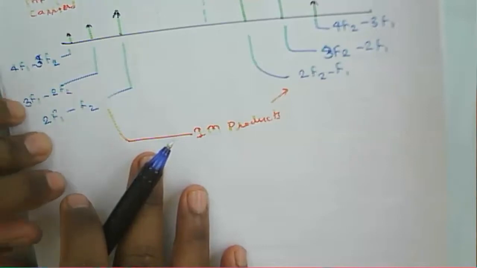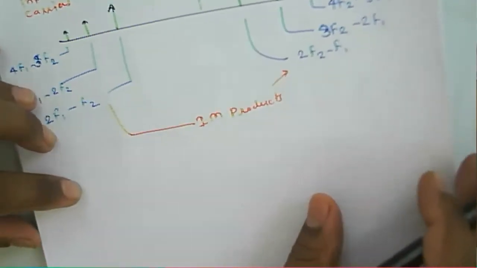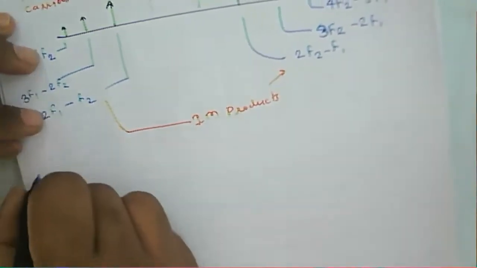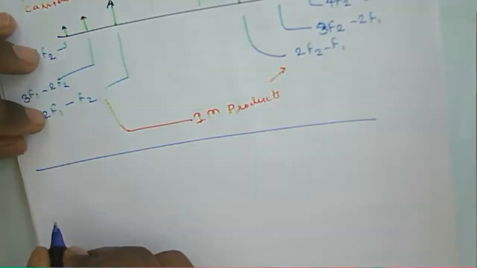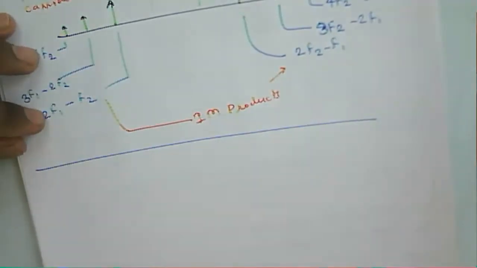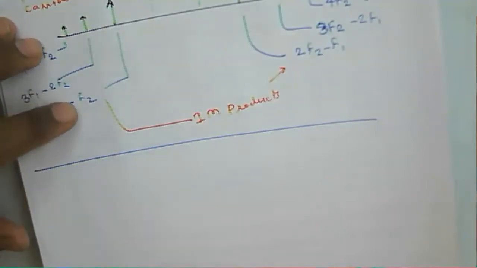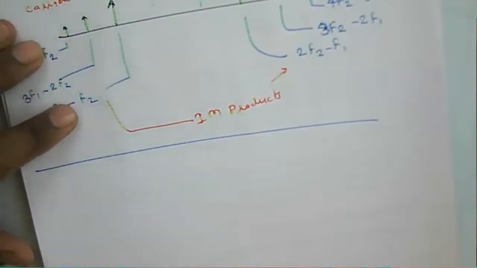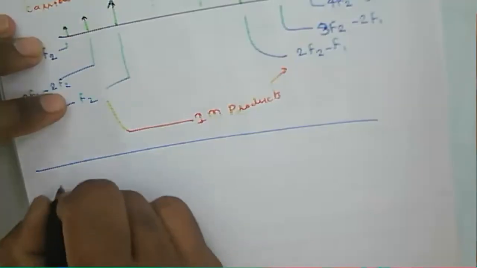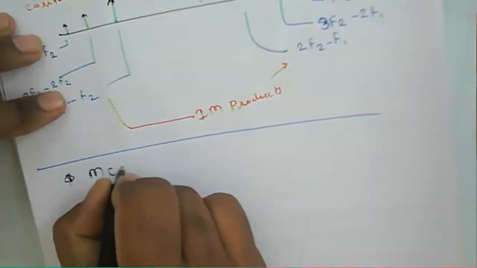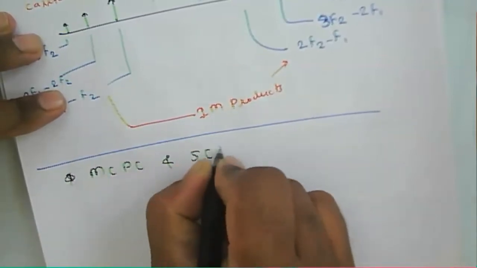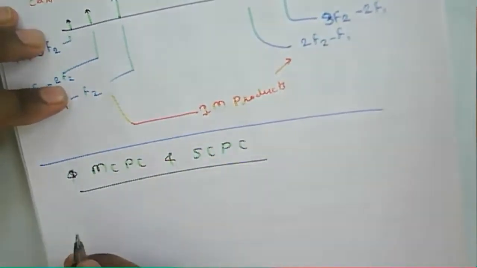Then we consider carriers, another component of the FDMA system. So that is about MCPC and SCPC.